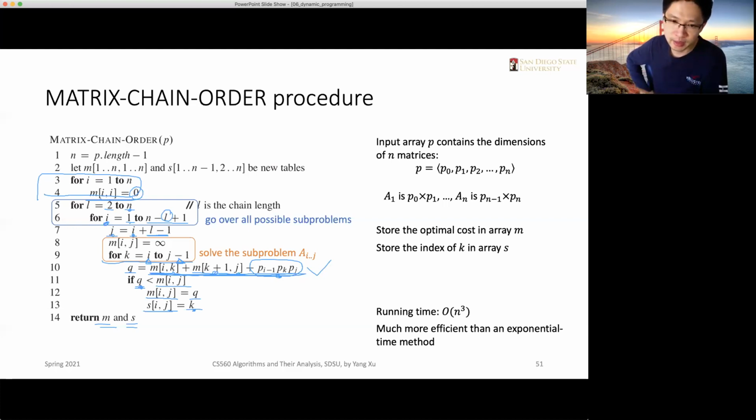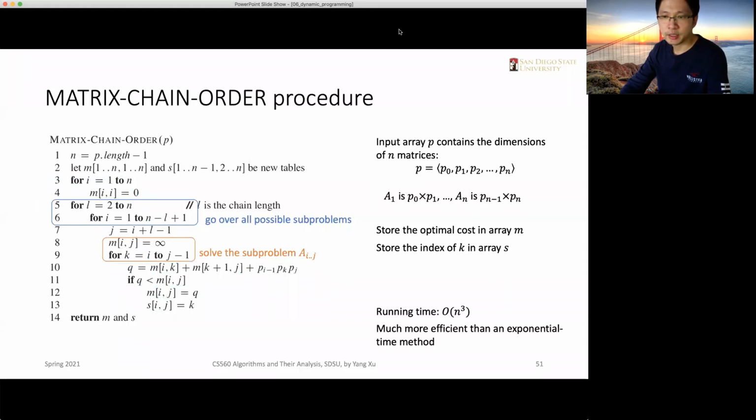There are that many distinct subproblems to go through. It may look terrible, like n cubed running time, but it is already way more efficient than an exponential method. Remember, if we solve the original problem the brute force way, using a recursive function, it will be very inefficient. If we compare the running times, there will be a huge difference.